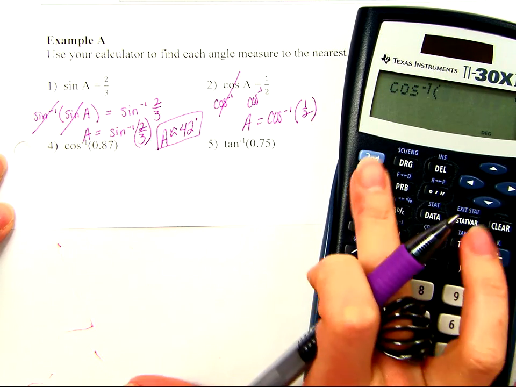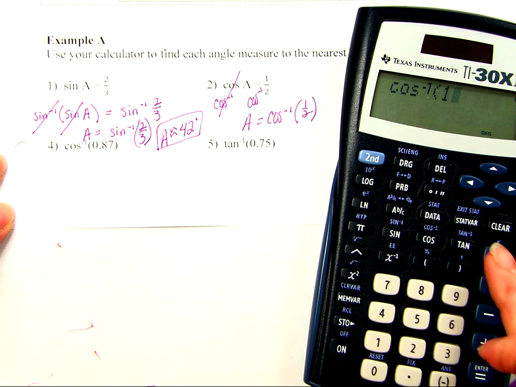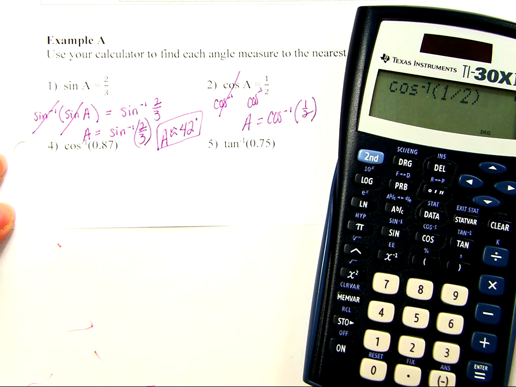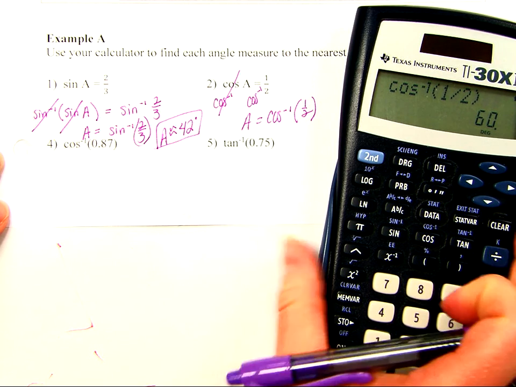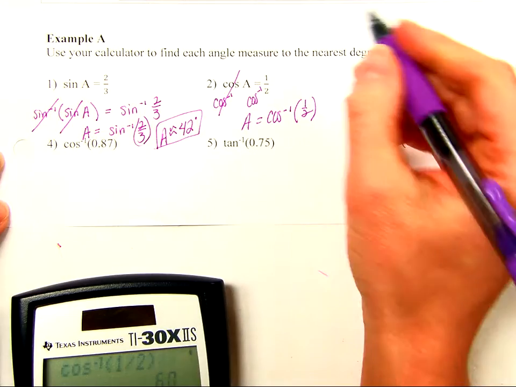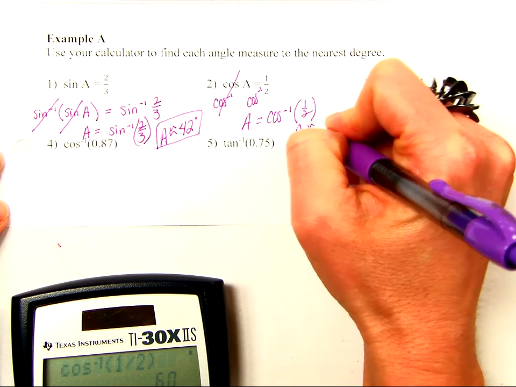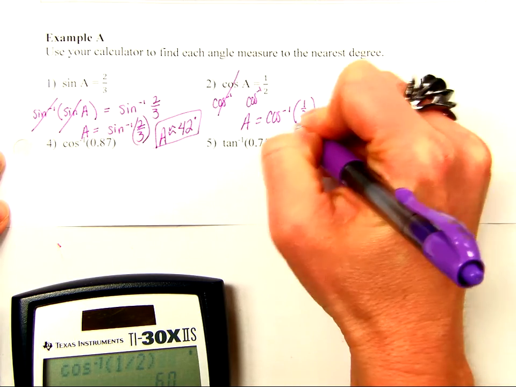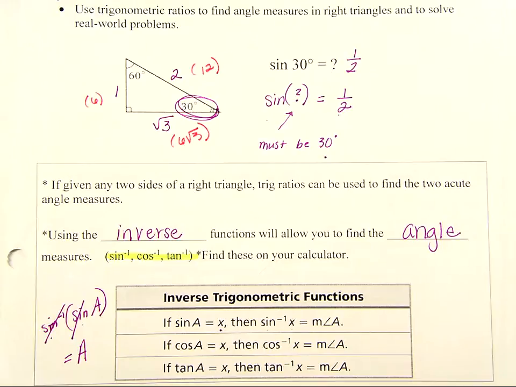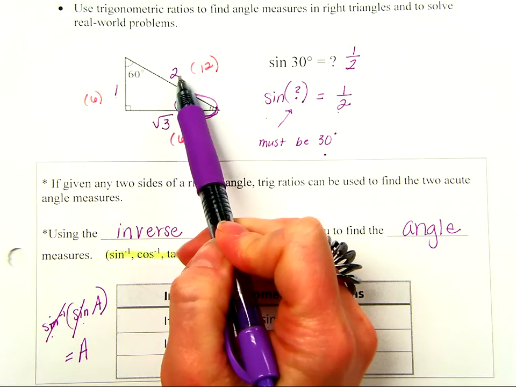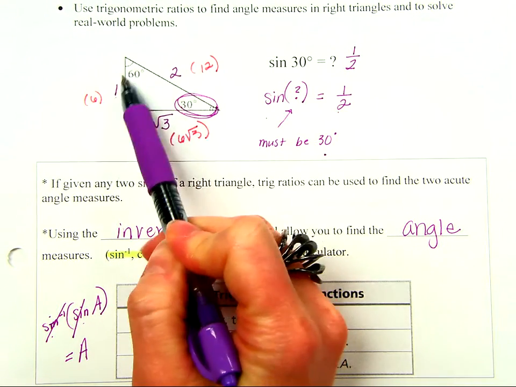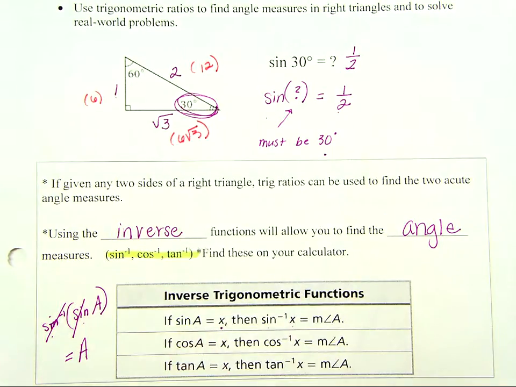Inverse cosine, I'm going to hit second cosine, 1 divided by 2. And I can see that is a 60-degree angle. That makes sense because, as you recall, for our 30, 60, 90 triangle, the cosine would be adjacent over hypotenuse, 1/2 for my 60-degree angle.